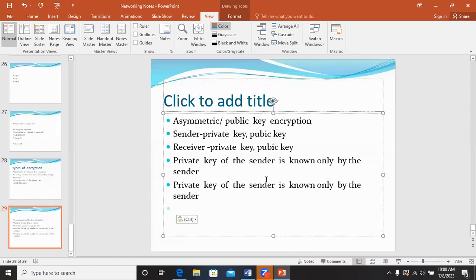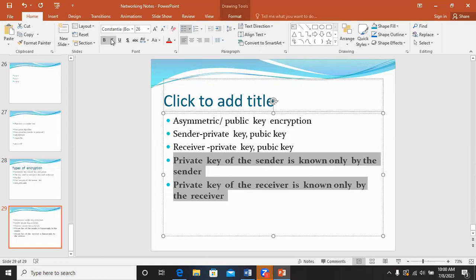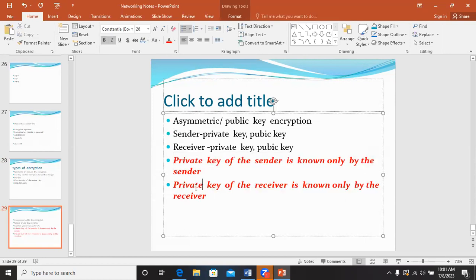Private key of the receiver is known only to the same receiver. They don't share it. Now, these are very, very fundamental. So private key of the sender is known only by the sender. Private key of the receiver is known only by the receiver.